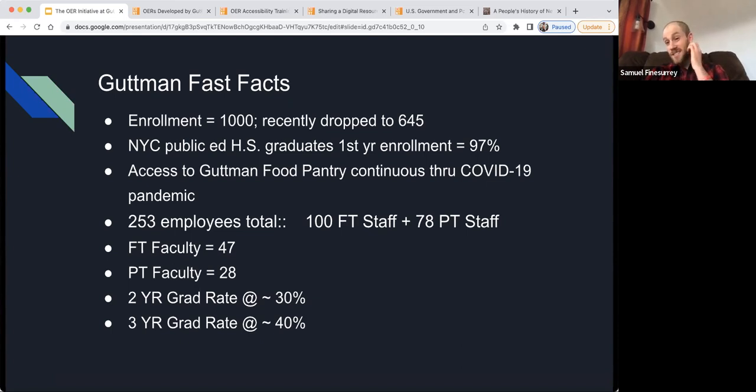In terms of faculty numbers, and these are generally the folks we're working most closely with, there's 47 current full-time faculty members and 28 part-time faculty members. Again, this size really helps us develop relationships that make conversion to OER and then accessible content much more navigable, I think. And also it allows Lauren to carry the load for the entire college.